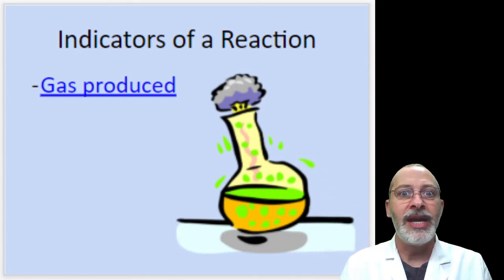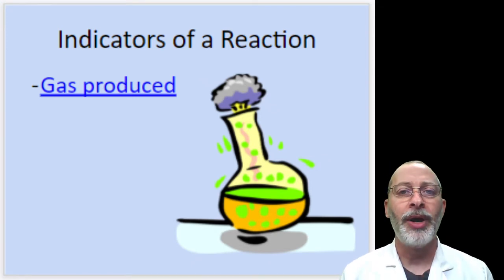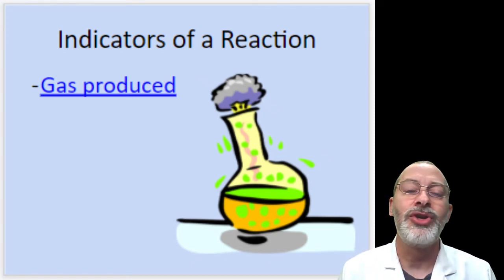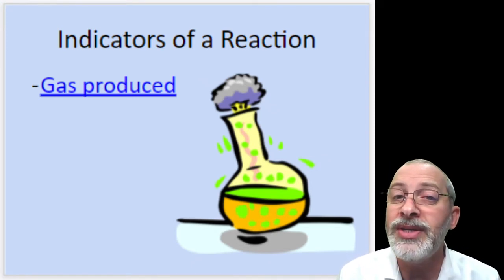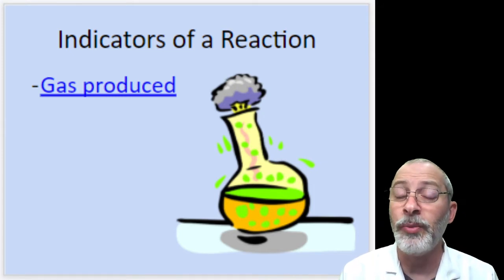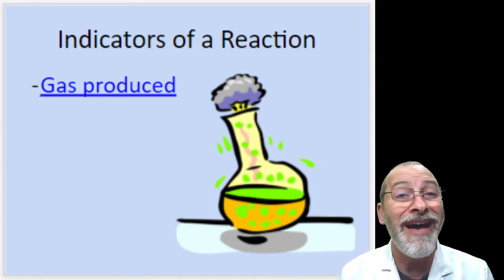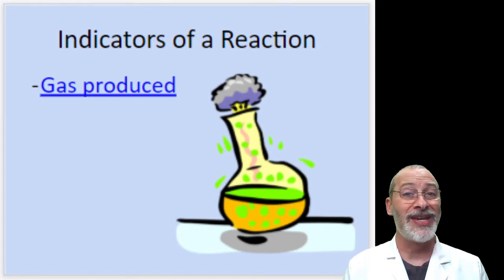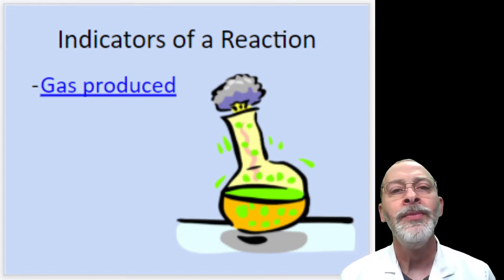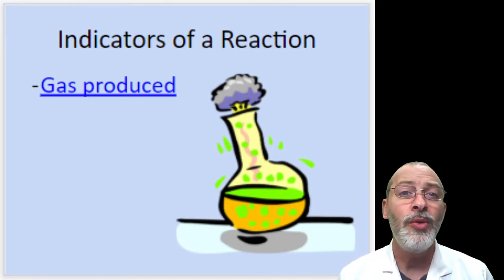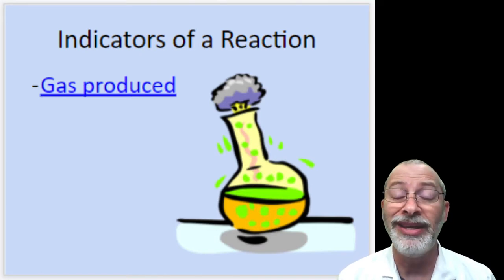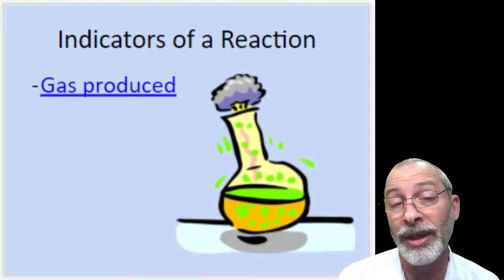We won't be tasting anything, of course, in the laboratory, but these indicators are things that are easily observed and will be clues or evidence for us as a scientific observer to determine whether or not a chemical reaction is or has taken place.